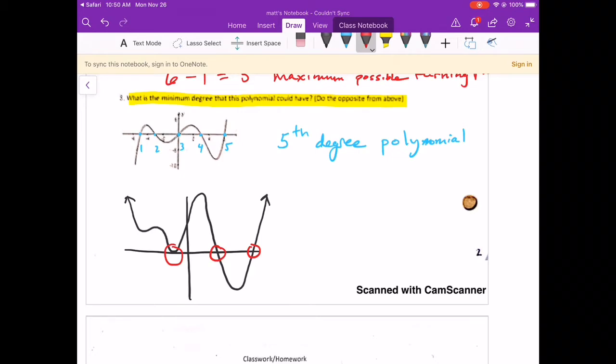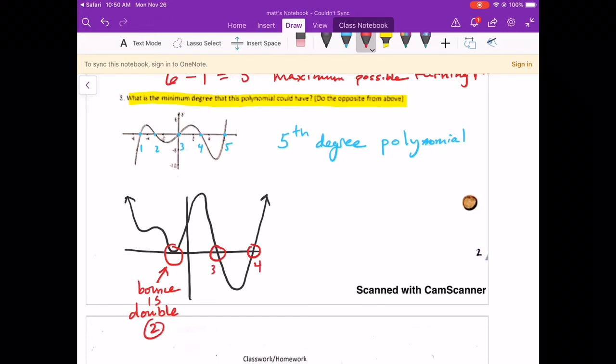But the reality is I have this bounce right here, and a bounce is double. So that means 2. So this would be 2, 3, and then 4. So a 4th degree polynomial is possible. That's the highest possible degree that this thing could have. So I'm counting the places that it crosses the x-axis, keeping in mind that my bounces are double.